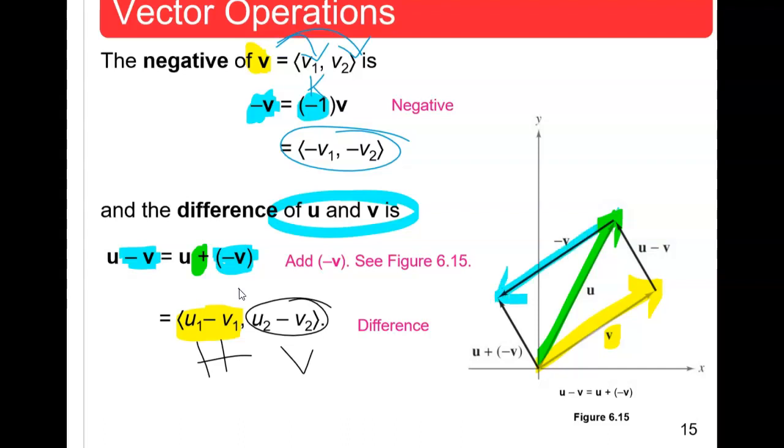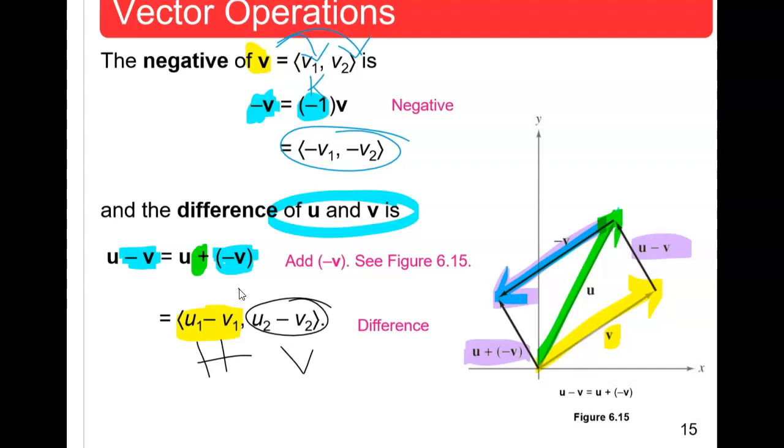However, it has the same length as the one in yellow. And if we add or subtract the two vectors, subtracting vector v from u is the same as adding the opposite of vector v. So it will be like we're adding this vector here that was in blue. Well, you could still see it.